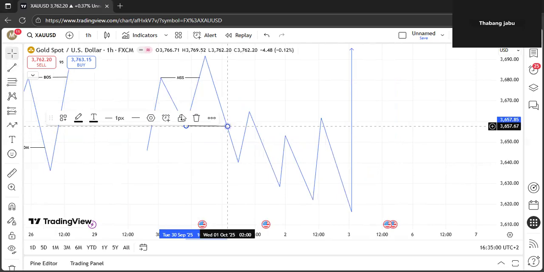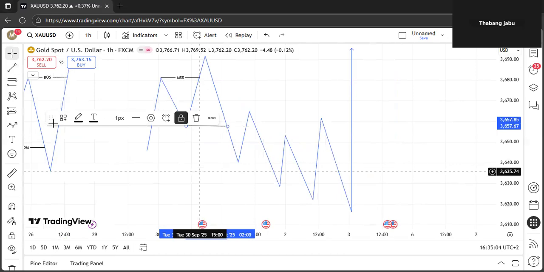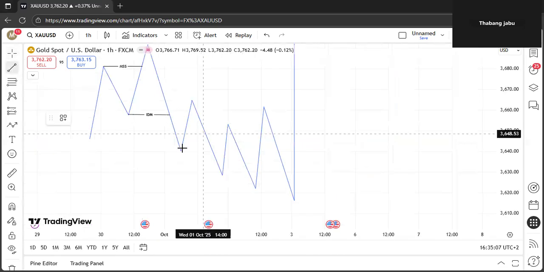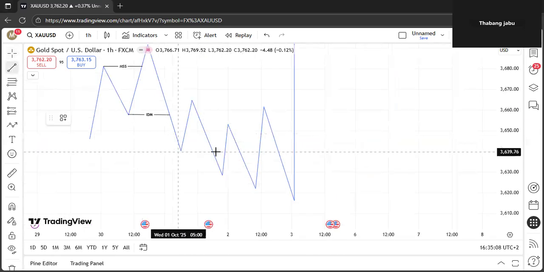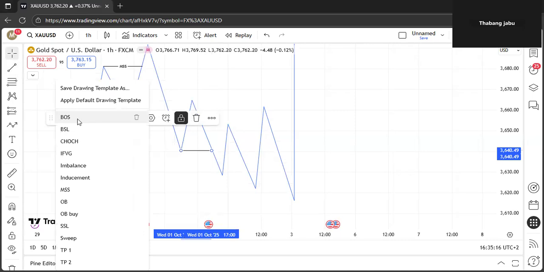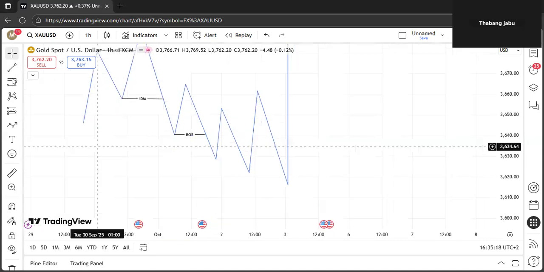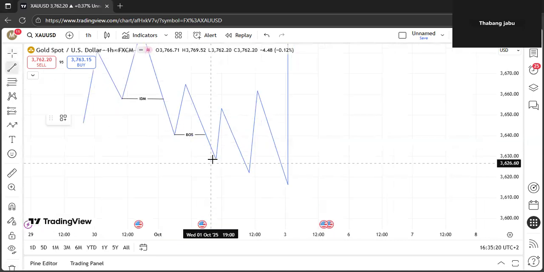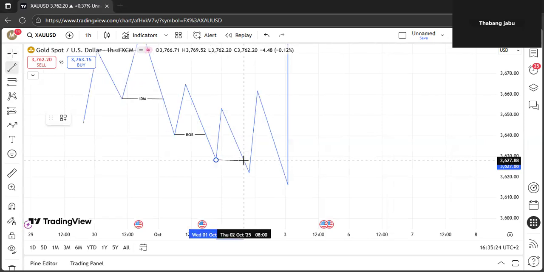And then after that endorsement, we have a breaker structure to this side, and then a breaker structure to this side, which is the opposite side of the change of character, but it's still a valid breaker structure.